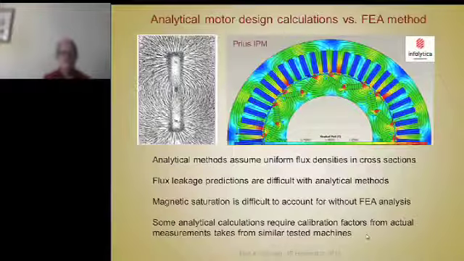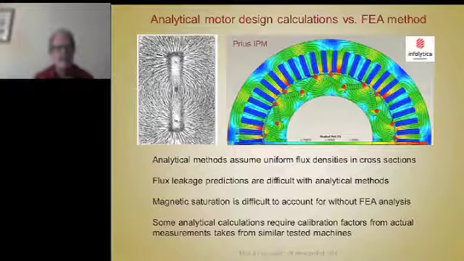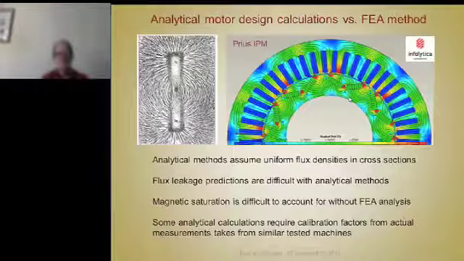When we calculate magnetic circuits using classical analytical methods and formulas, you always assume that flux densities are uniform in any given cross-section, because that's the only way you can design it.